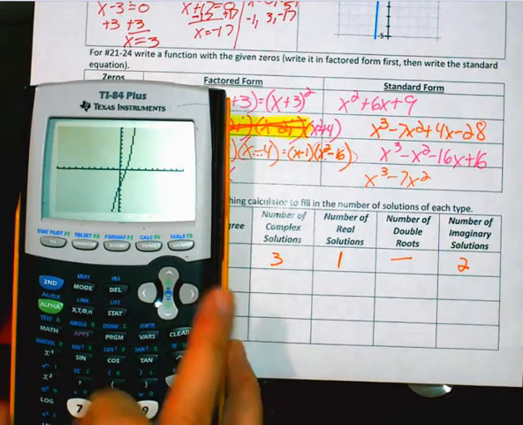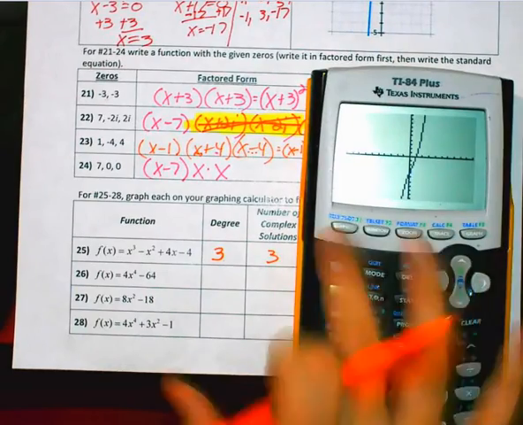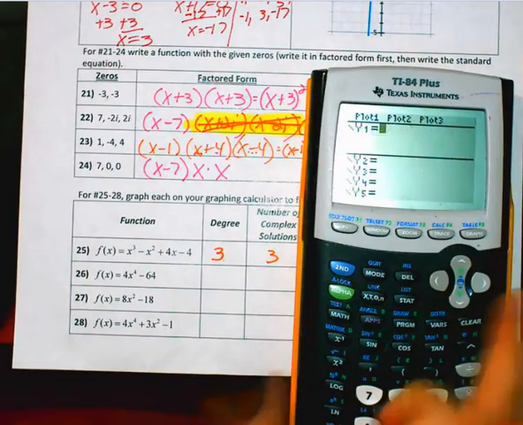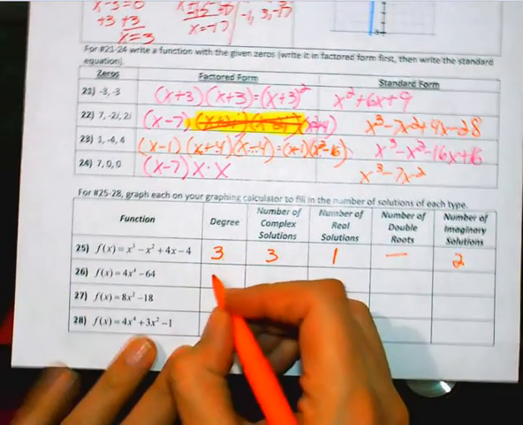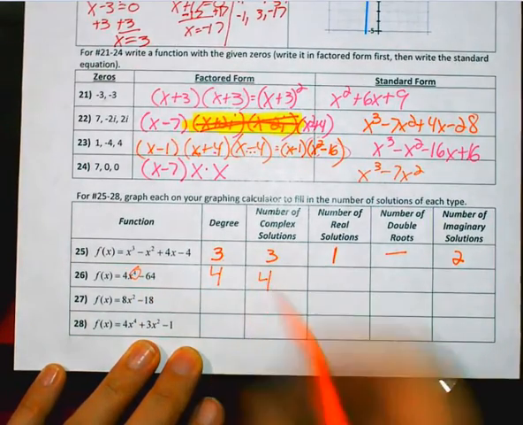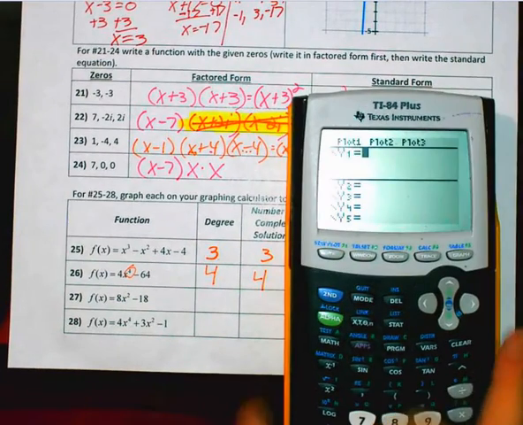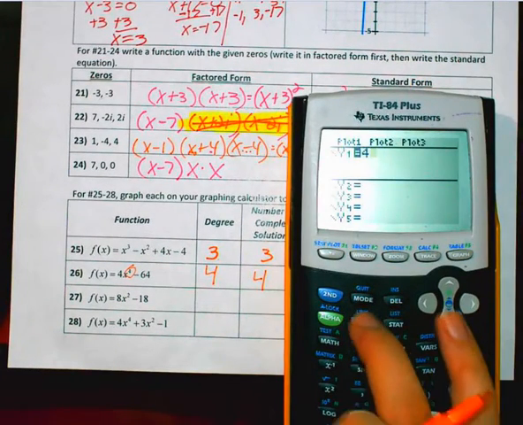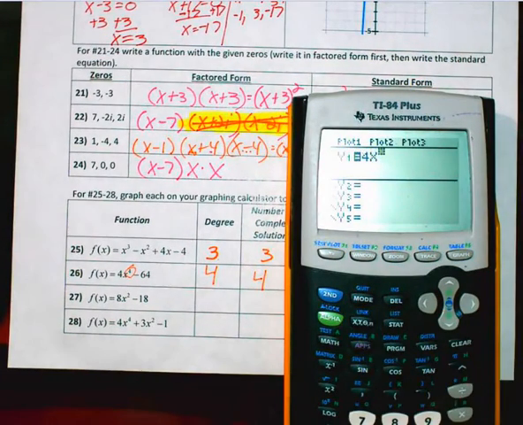Okay, go ahead and put the next one in. Notice that we should have a degree of 4, which means I have 4 complex solutions. Now you need to put it into your calculator to decide if they're real or imaginary.